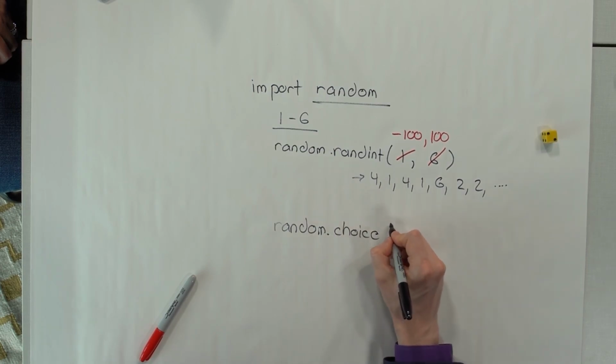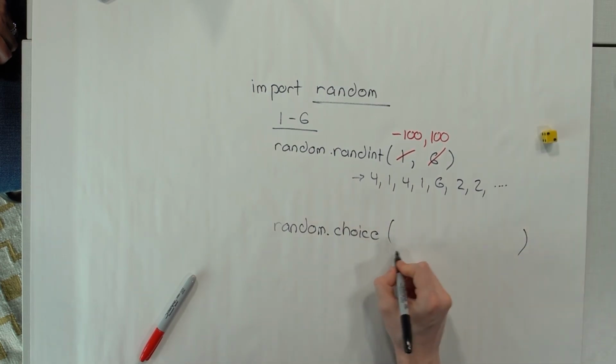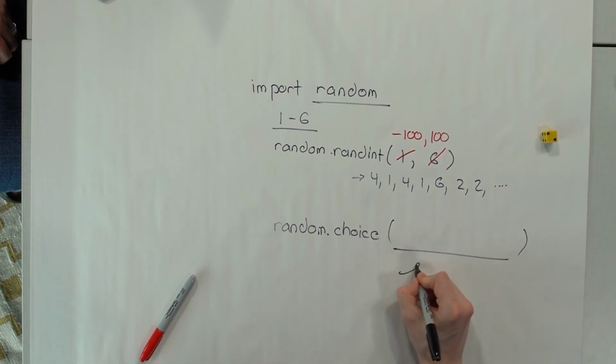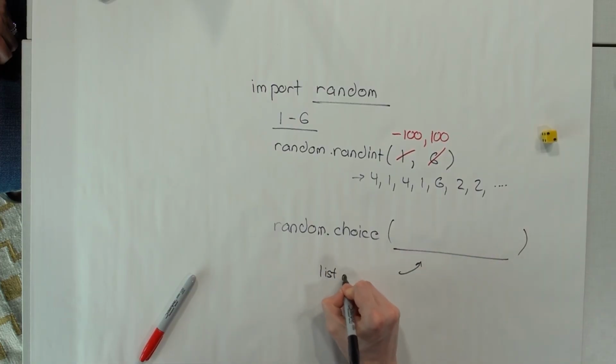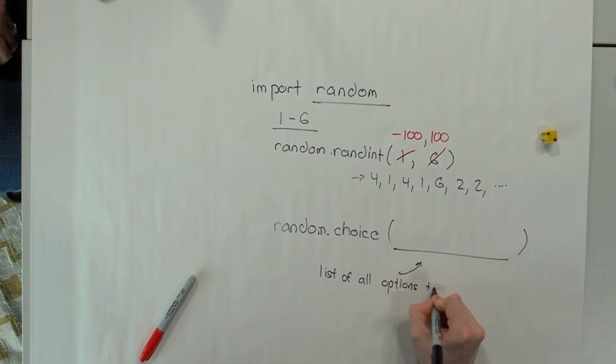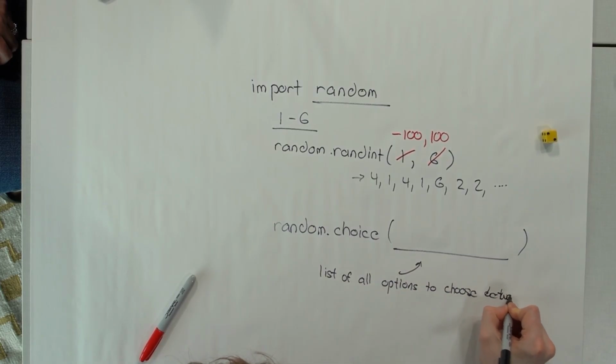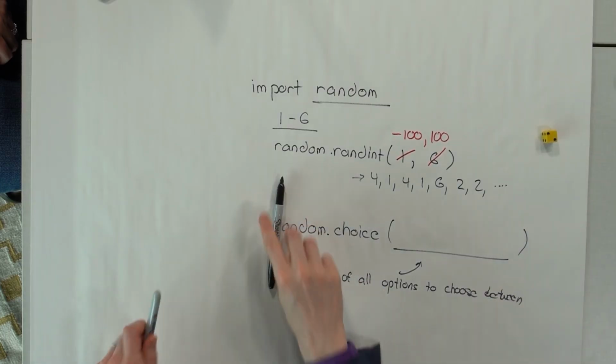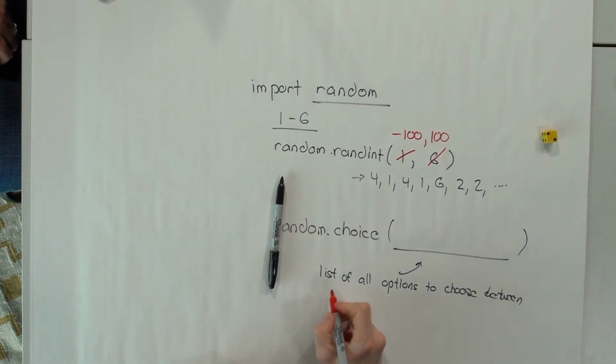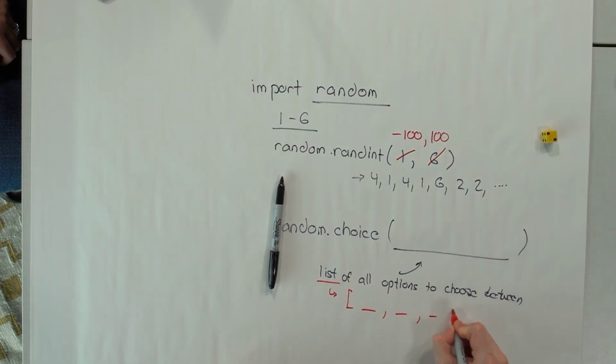And when we do random.choice, we open up the parentheses, and inside the parentheses is going to be a list of all options to choose between. And we discussed lists earlier in this course, where we use square brackets and put each individual element inside of our list separated by commas.